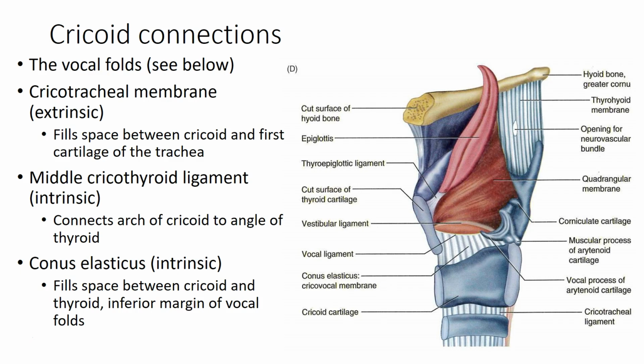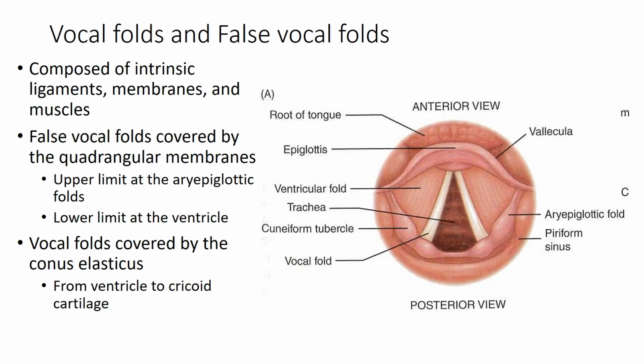There's a membrane referred to as the conus elasticus that's considered an intrinsic membrane that fills in the space between the cricoid cartilage and the thyroid cartilage and makes up the vocal folds. The vocal folds and false vocal folds are composed of intrinsic ligaments, membranes, and also muscles.